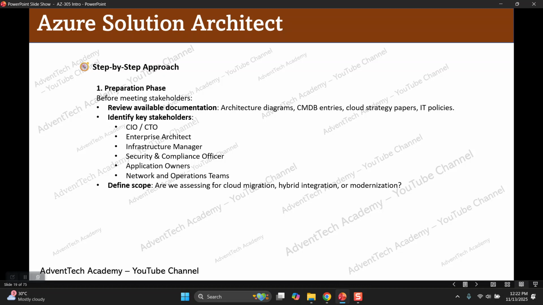It will help for decision making. We have to collect all the necessary information from these stakeholders. It will be useful for cloud migration or hybrid integration or modernization. Here the scope is either cloud migration or hybrid integration or modernization.